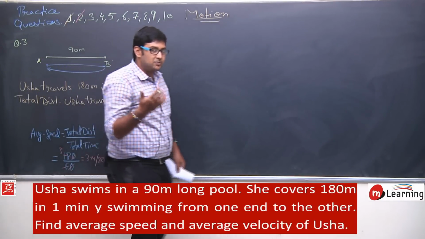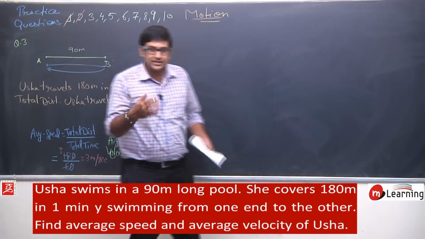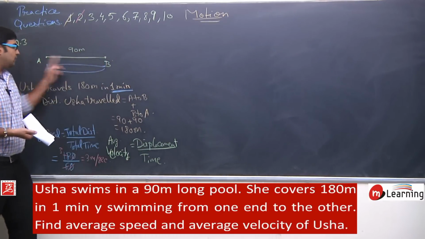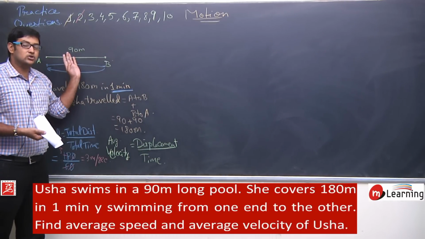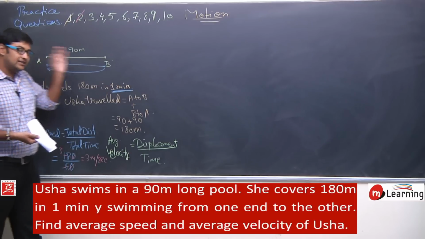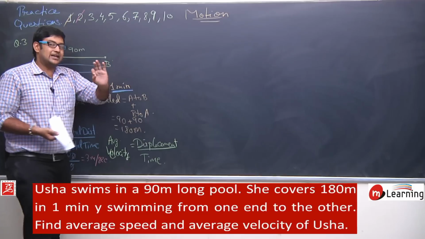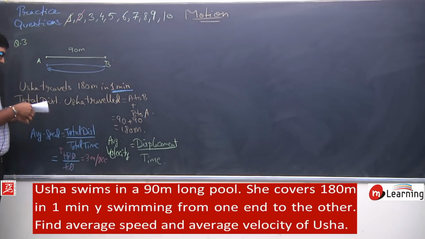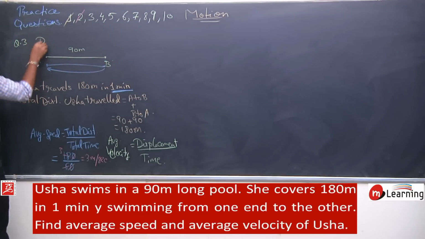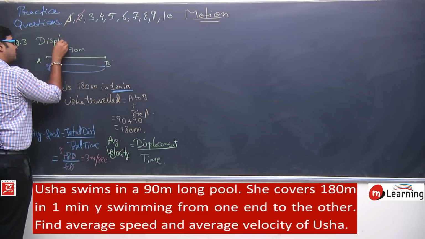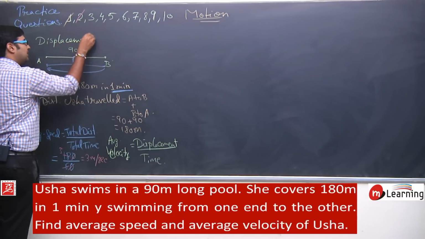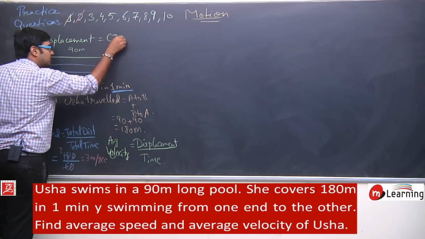Now what is the displacement of Usha? You can see Usha goes from A to B and then B to A back. So at the end of this situation she is again back to point A. So I will say that the displacement of Usha is 0 meters.